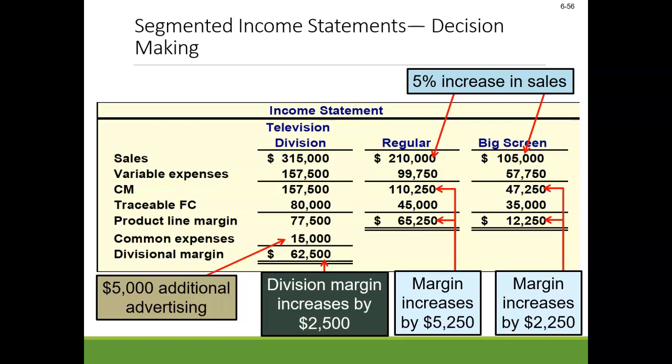when we've got this information, we've got the television division broken down into the regular and the big screens. So now they can do some manipulation of data and think, okay, if we can increase our sales by 5% overall, then what happens with everything else?